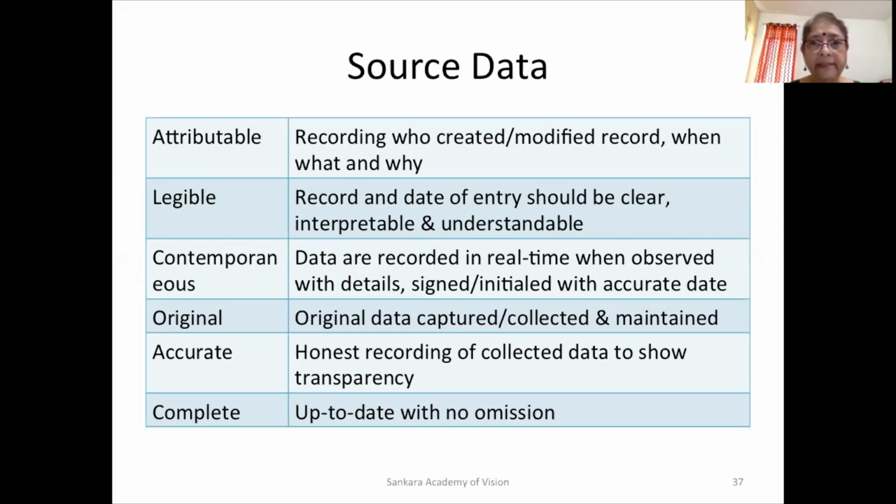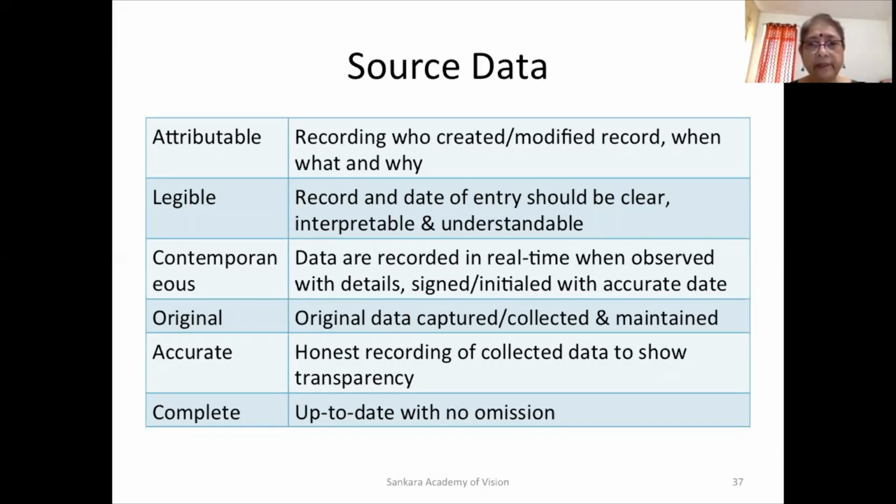If a mistake has been committed, which is human in nature, you always can make a mistake, it doesn't matter. You just cut that and don't overwrite over that. You cut it and write above that in clear figures or words and sign with date.